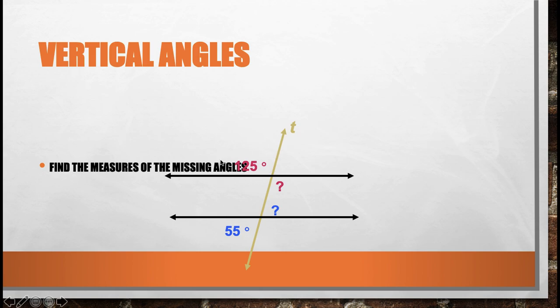Here I have marked 125 degree, and here I have given you a question mark. So how do you find it out? The speciality of vertically opposite angles is that these two angles will be equal. Likewise here 55 degree and here a question mark. These are also vertically opposite angles.